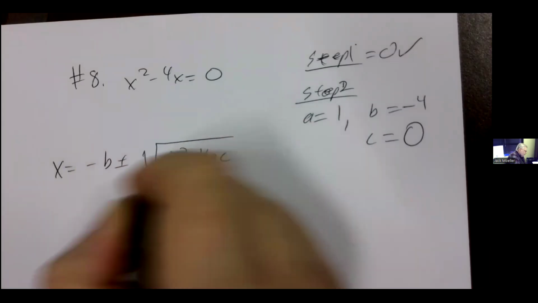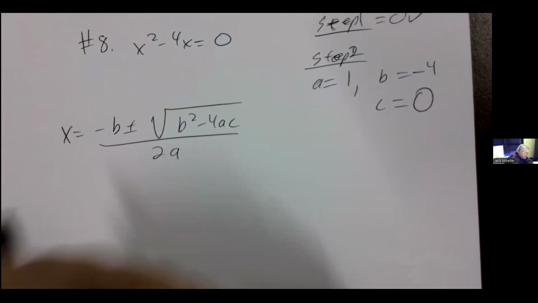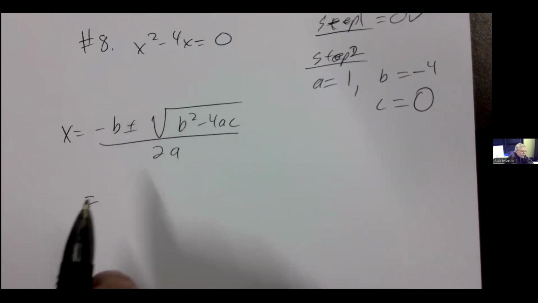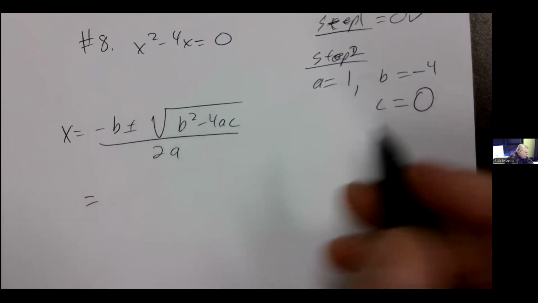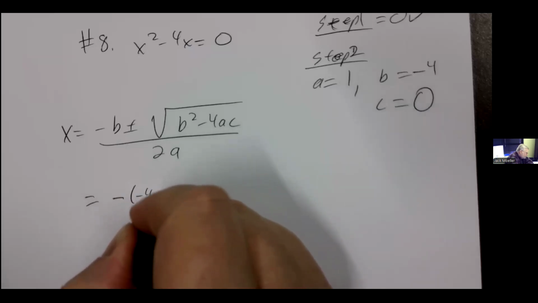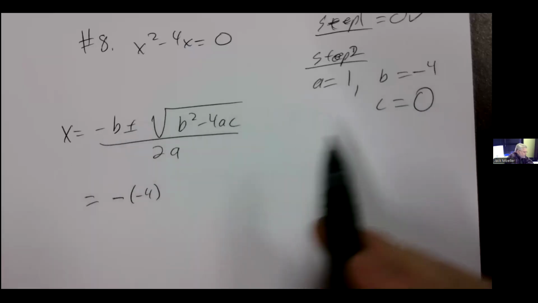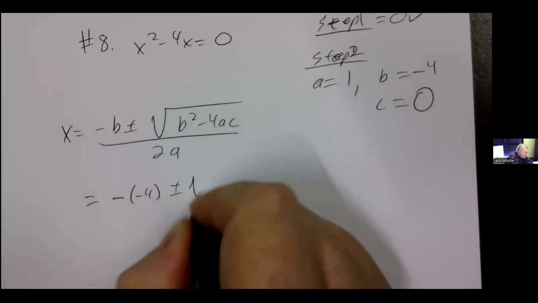Just for emphasis, I'm going to write down the generic quadratic formula again. I can't emphasize enough how helpful it is to write that down every single time until you get it memorized. So now we plug it in. We have negative B, so that's a double negative. You can think of that as the opposite of B, if that helps. If B starts negative, it goes to positive, or vice versa, in that first term.